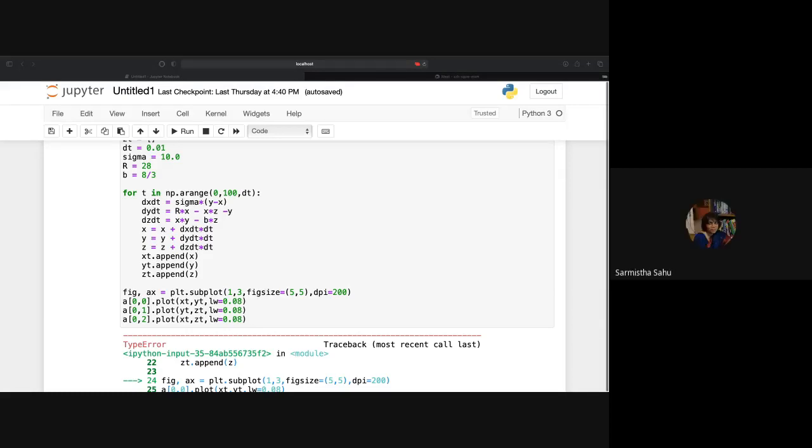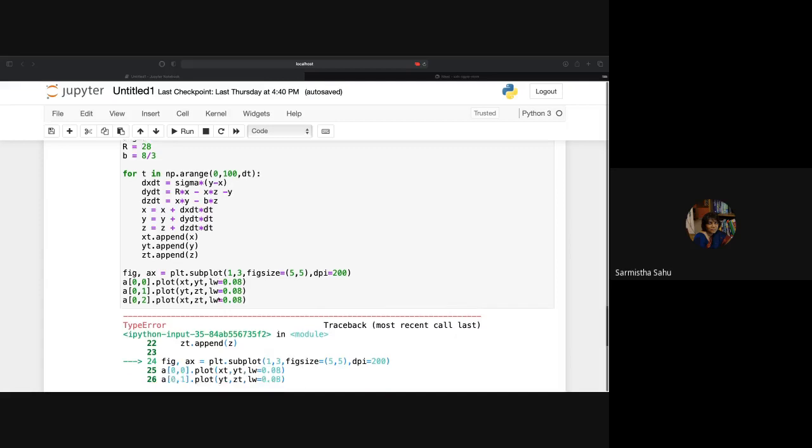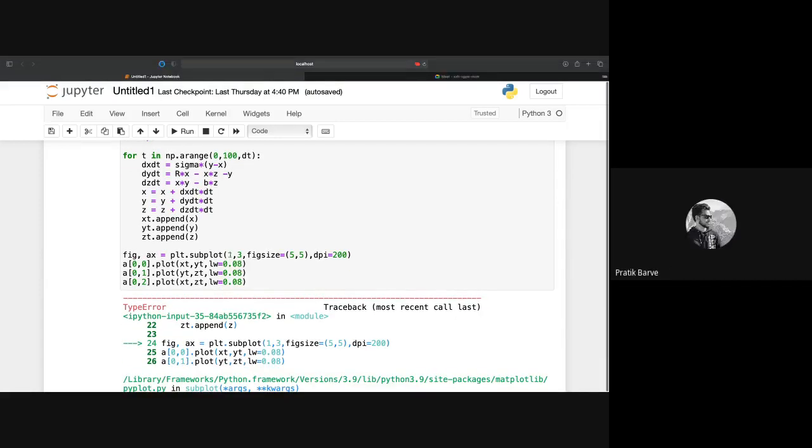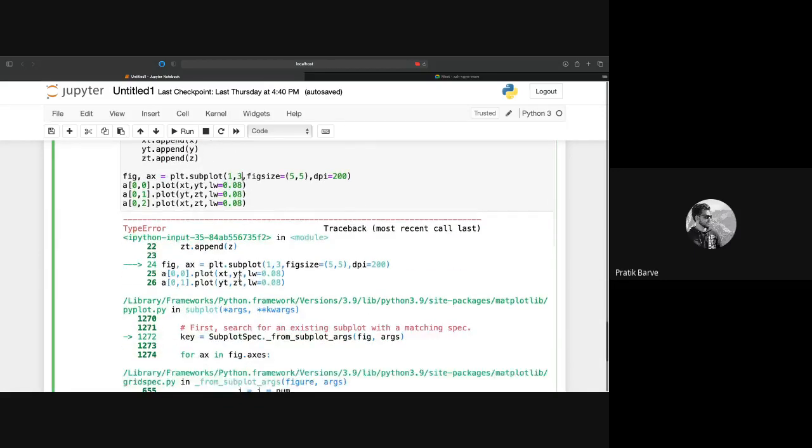There are only 2 numbers. Is it because of that? No, this shows that it will be in 1 row and 3 columns. That is correct. Okay. Actually, I had done this before.